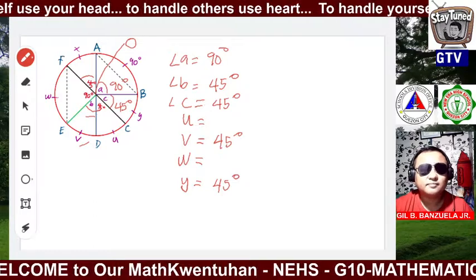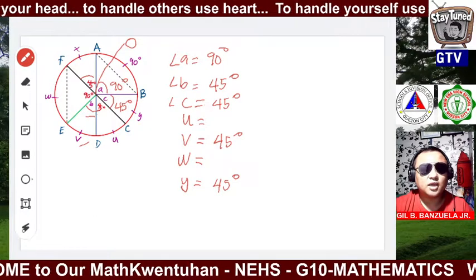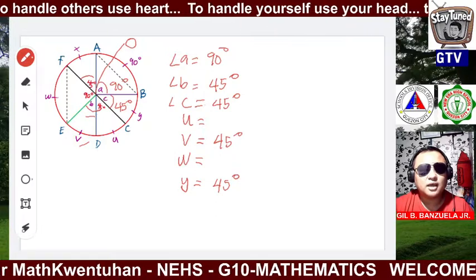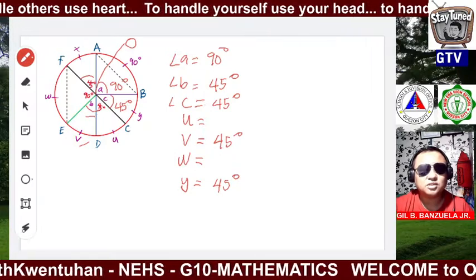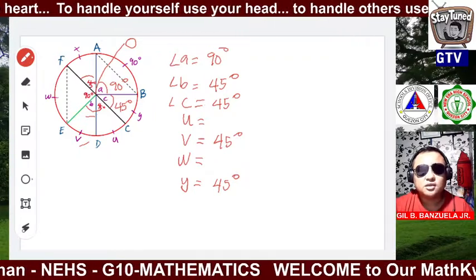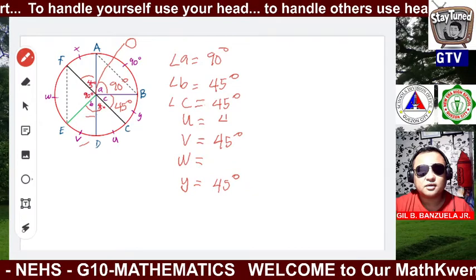So, letter U. Ayan, arc Q. And since arc Q is intercepted by angle DOC, which is 45 degrees, therefore, arc CD or arc U is 45 degrees as well.